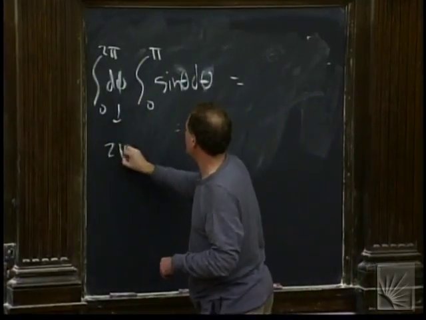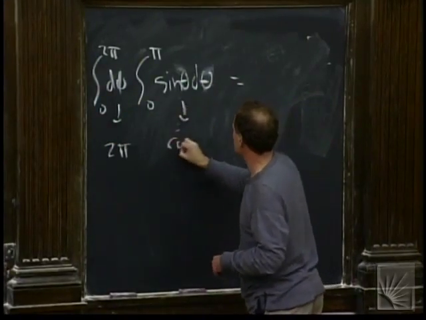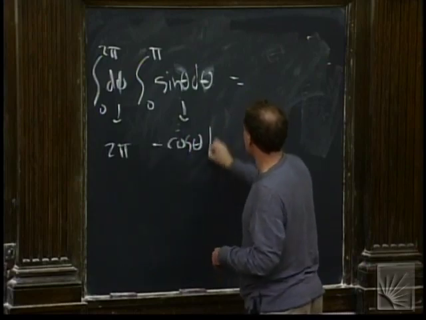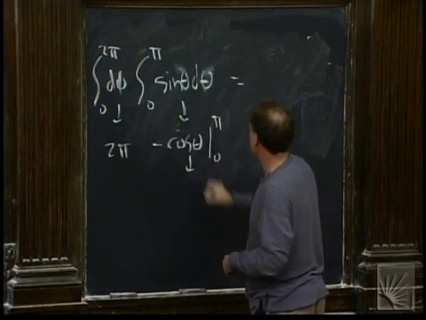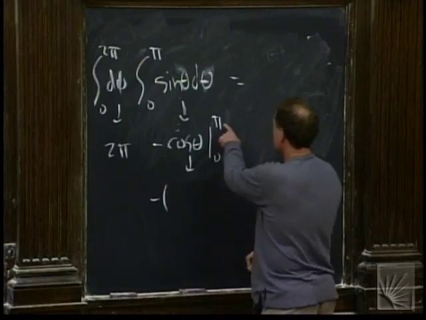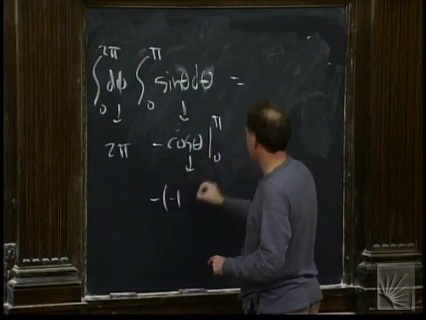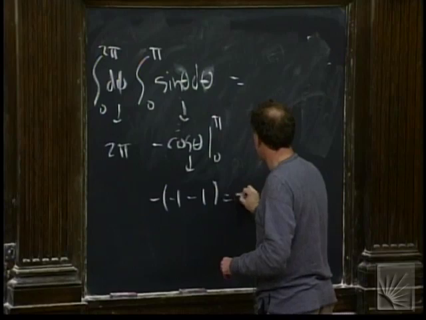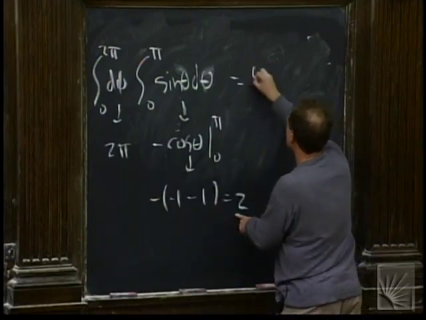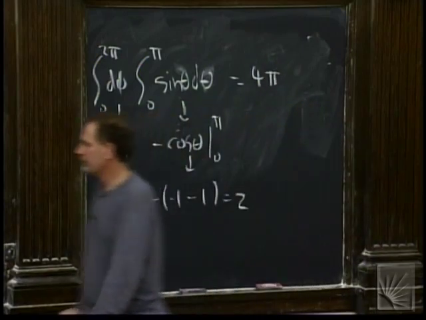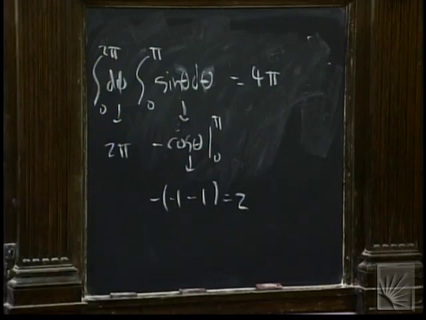Well, that's 2 pi. Integral of sine theta is negative cosine theta from 0 to pi, which is minus cosine of pi, that's minus minus 1, minus cosine of 0, which is 1. That's 2, so it's 2 times 2 pi is 4 pi. All right? And so this is just p of e at v, v squared dv, 4 pi.